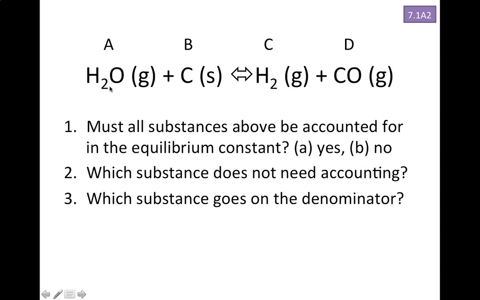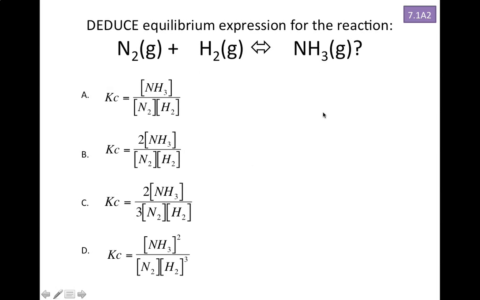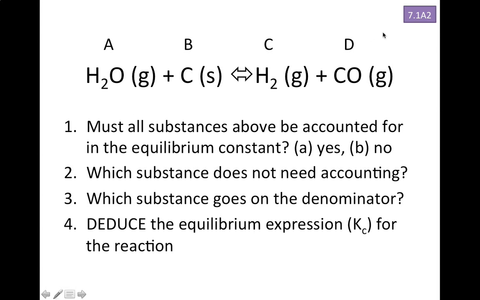My H2 and my CO are going to go on the numerator. So my Kc value is going to be H2 in brackets multiplied by carbon monoxide in brackets, divided by H2O in brackets. Now, it was already balanced, so there are no numbers that we have to raise it to the power of.